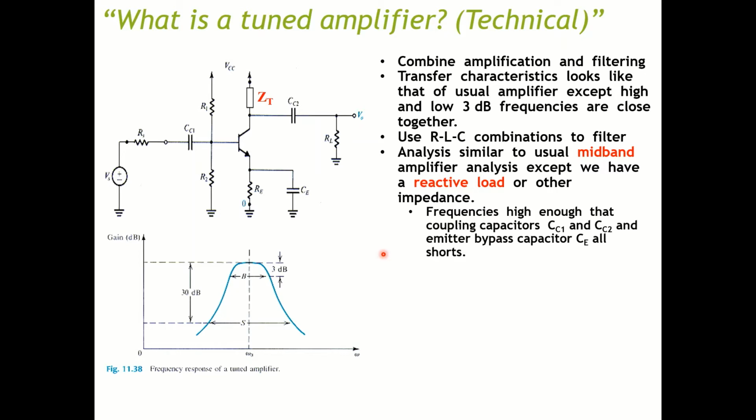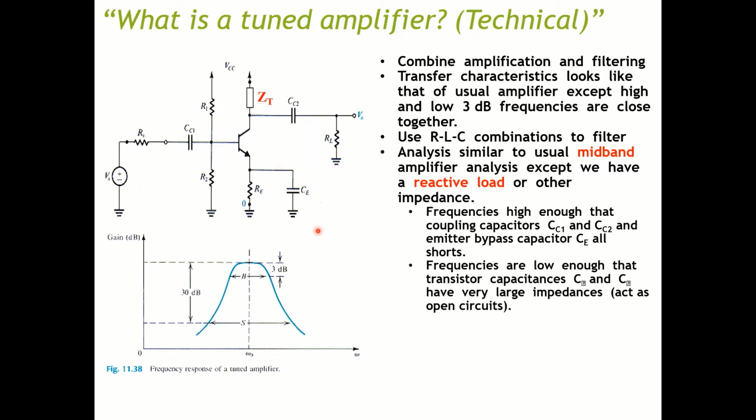So frequencies that are high enough that the coupling capacitors CC1 and CC2 and the emitter bypass capacitor CE are shorts, and frequencies low enough that the transistor capacitances C mu and C pi have very large impedance.